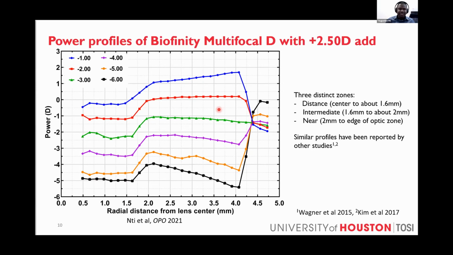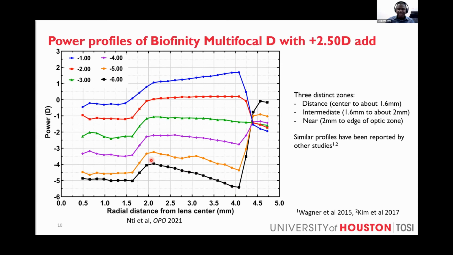What we realized was that for the lower minus powered lenses, like the -1 and the -2, in the near portion of the lens, the plus power continues to increase till the edge of the optic zone. However, with the higher minus powered lenses, like the -6, in the near portion, plus power rather reduces as you go towards the edge of the optic zone.